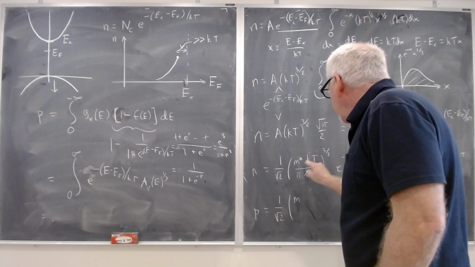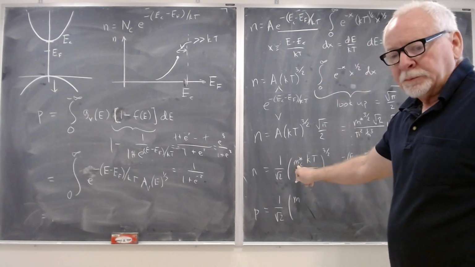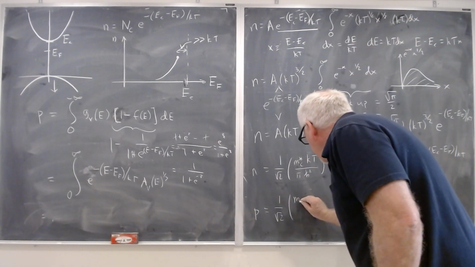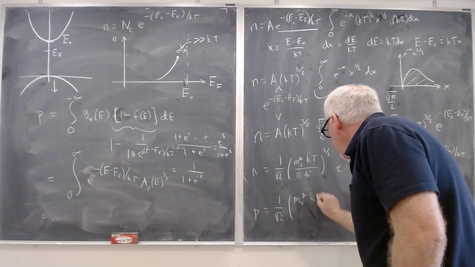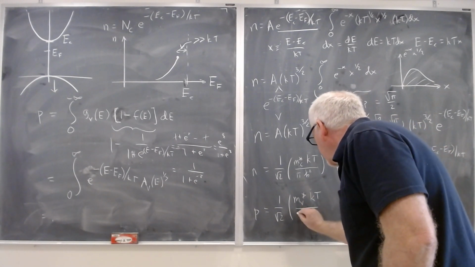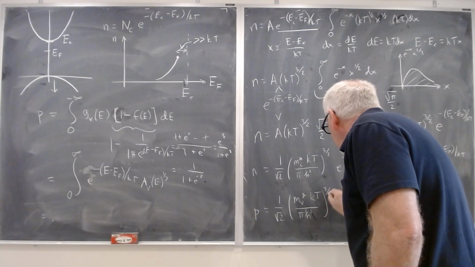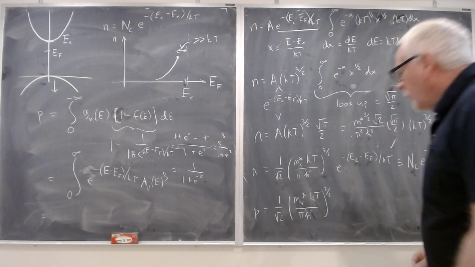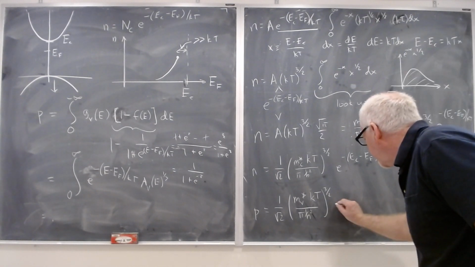Now, I'm going to have to specify here C, because that's M star for the conduction band, and that for the valence band. Now, okay, think about it. What am I going to put here?